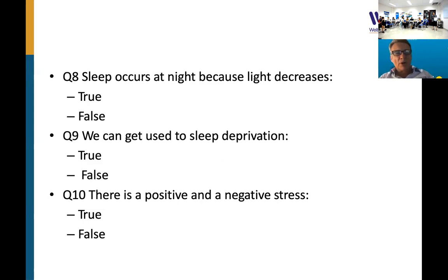It's a common misconception that there is a positive and a negative stress. I will try to convince you tomorrow morning or tomorrow afternoon that there is no negative and positive stress. Stress is a kind of adaptive process, very important. It may have negative effects in the long term, but there is no qualitatively different type of stress, positive and negative.